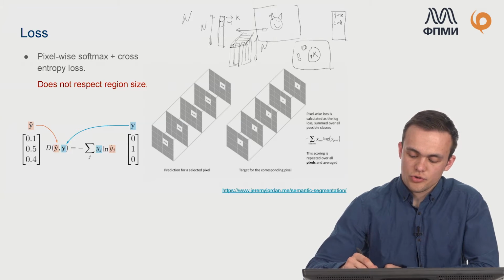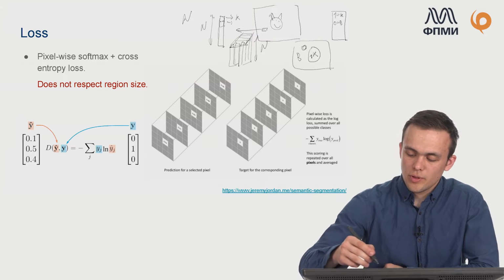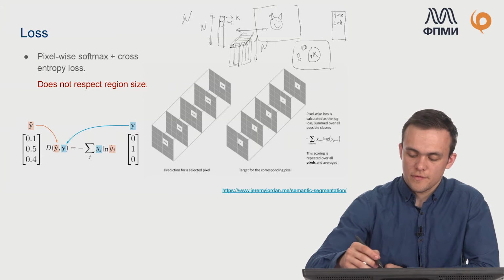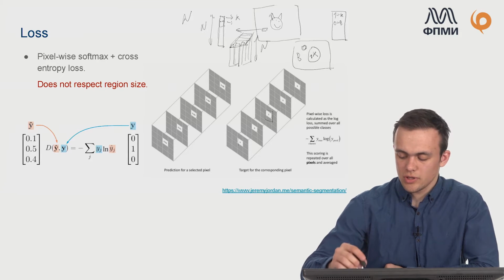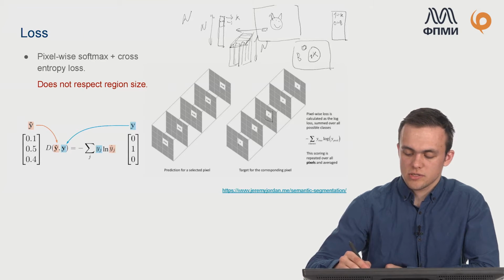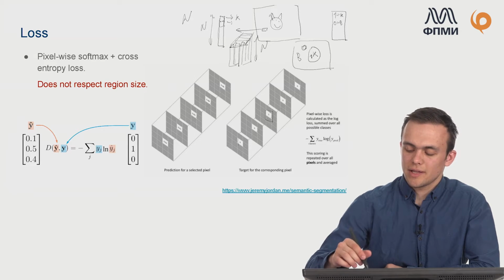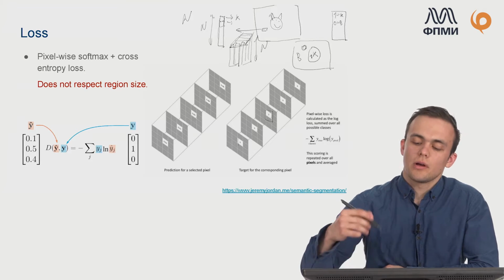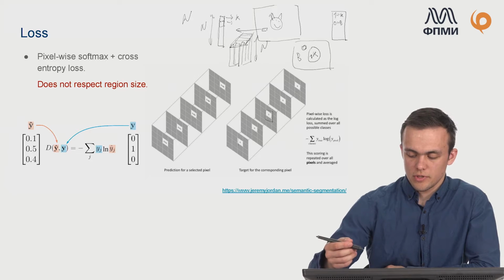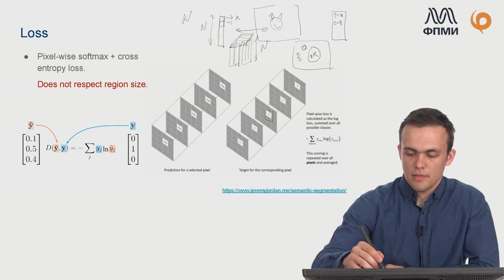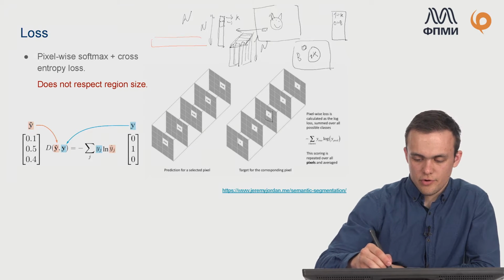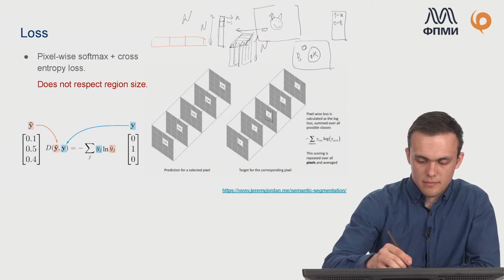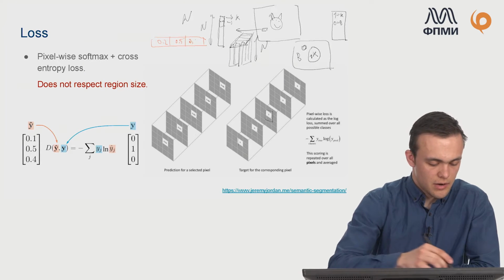So how will the ground truth look like? It will be a vector of the same size, but all values will be 0 and only one value will be equal to unity. For example, our network outputs a vector like 0.2, 0.5, and so on.